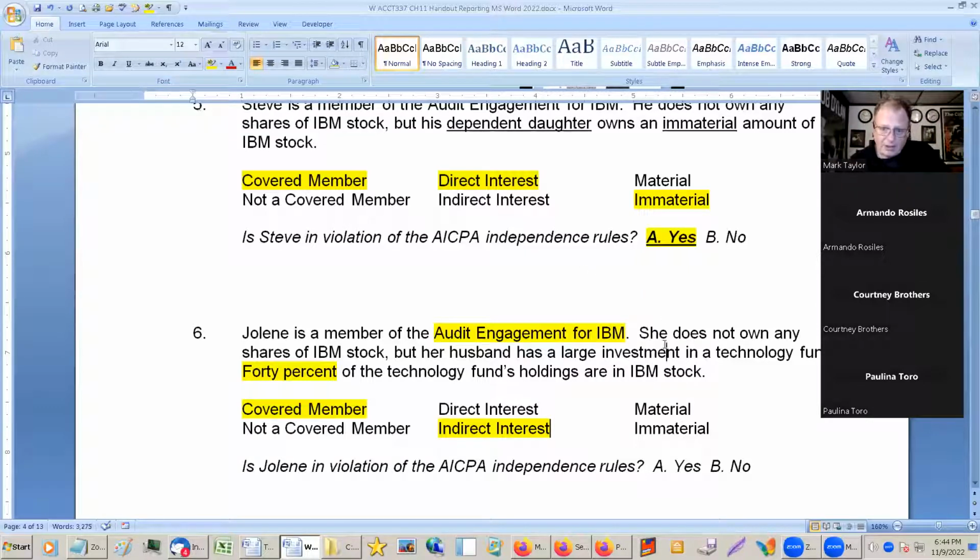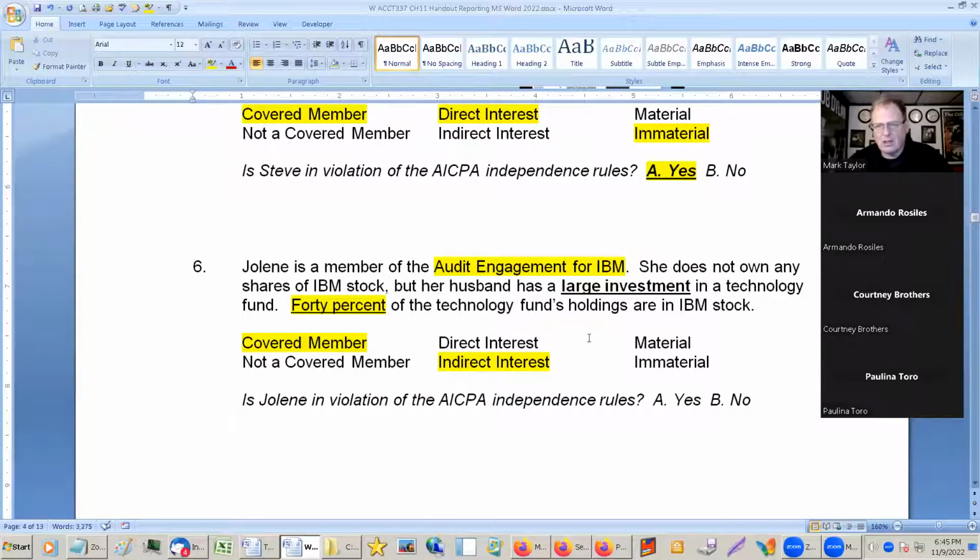Now this is where it becomes a little bit tricky. They just tell us that it's a large investment, and 40% of that large investment is in IBM. So is this likely to be material or immaterial? On this one, depending on which way you go with it, your thought process could probably be defended.